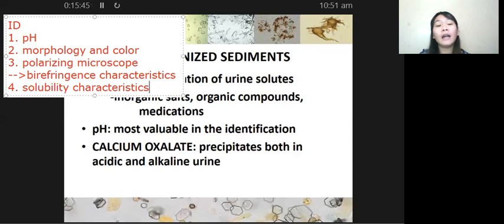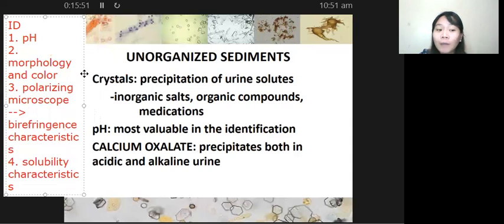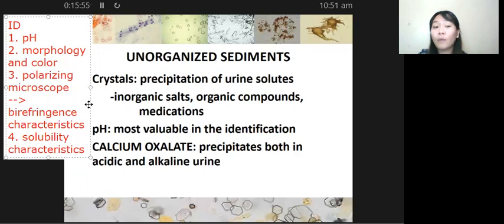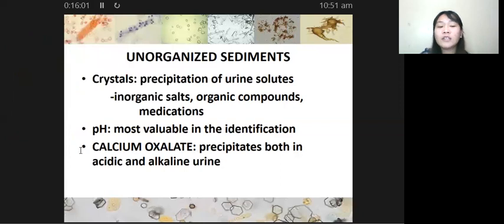Okay? So these are the different parameters or the different techniques that we can utilize or perform in the laboratory in order for us to identify our crystals. Alright? So may I just also emphasize on your calcium oxalate, okay?